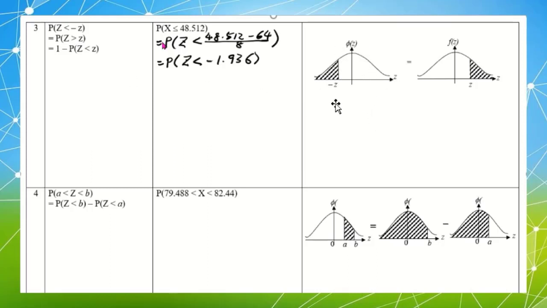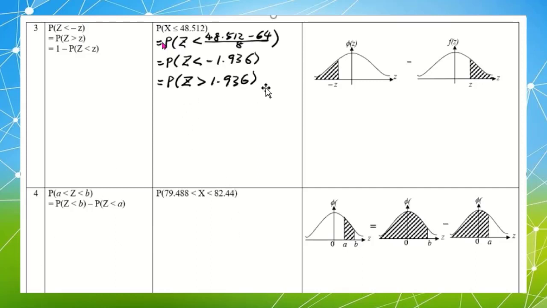Because from this diagram, we notice that the area less than negative z, actually it is same as the area greater than positive z. So, after I change to positive value, I get z greater than 1.936.